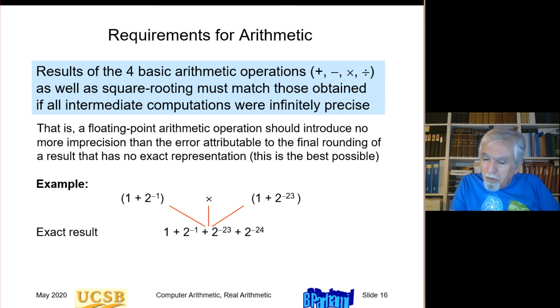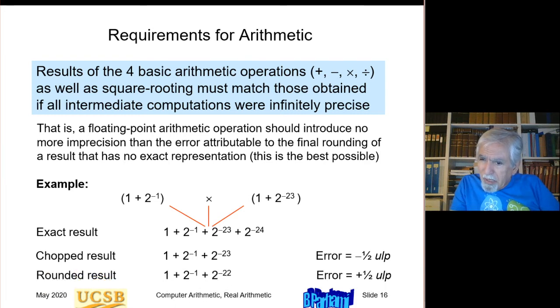We have no choice, because we have to represent numbers in the number of bits that we have. So this is the chopped result, basically dropping the extra bit. The error is minus 1/2 ULP.